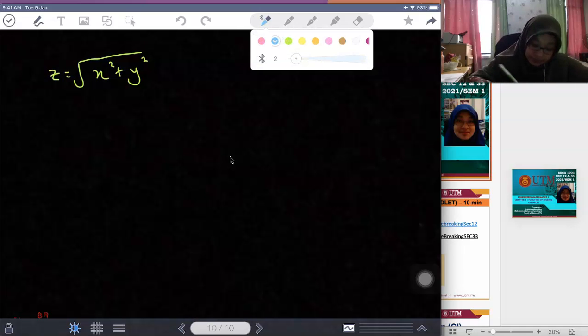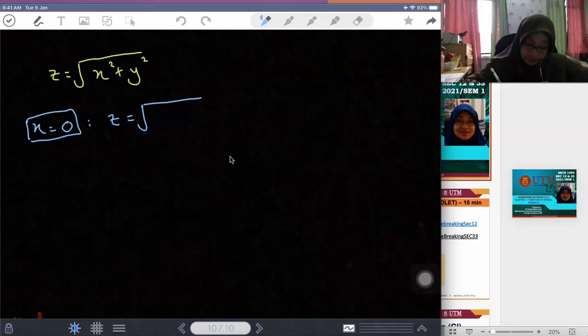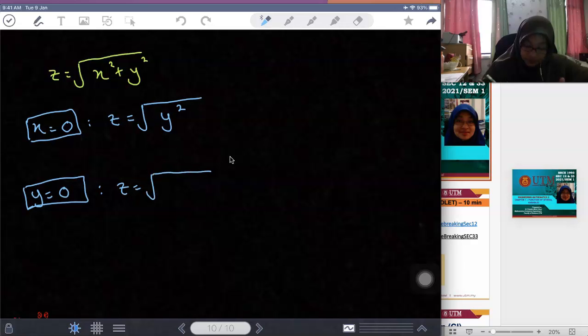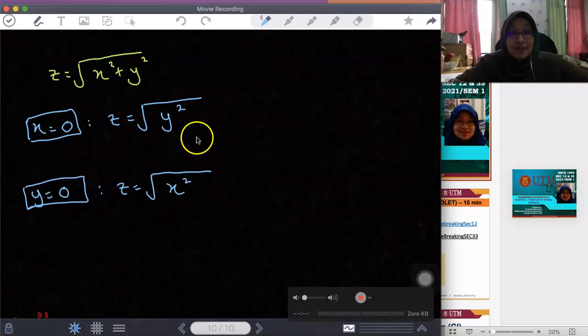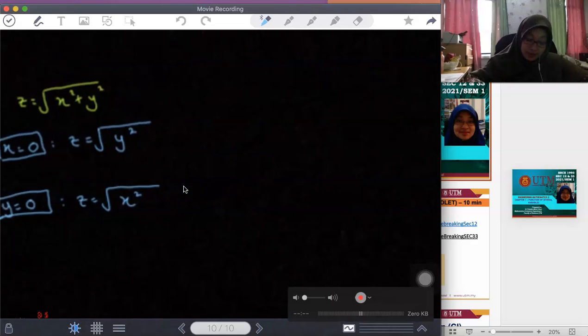As we did before, we set the plane. We want to know what shape we see on the x equals 0 plane, so we set x equal to 0. We have z equal to the square root of y squared. And then for the y equal to 0 plane, we have a similar function but a different variable. They are the same, right? But a different variable.